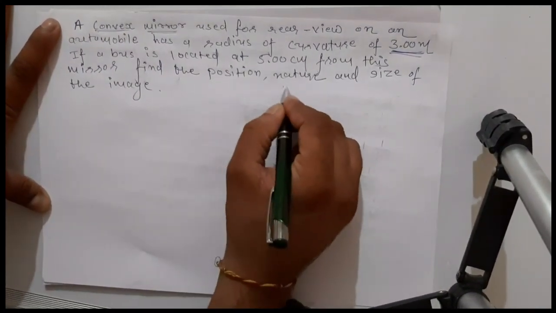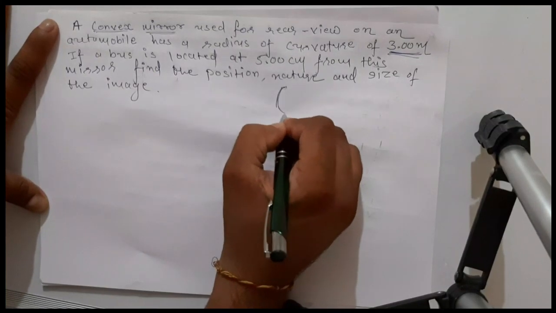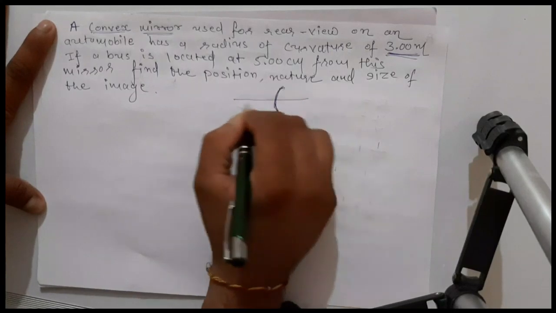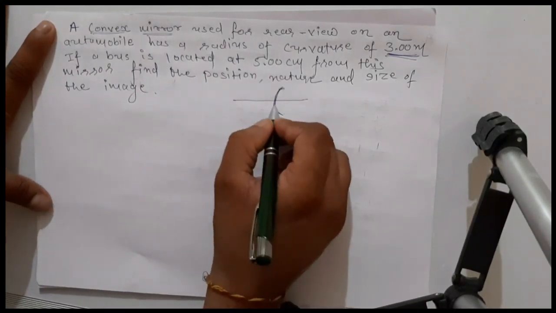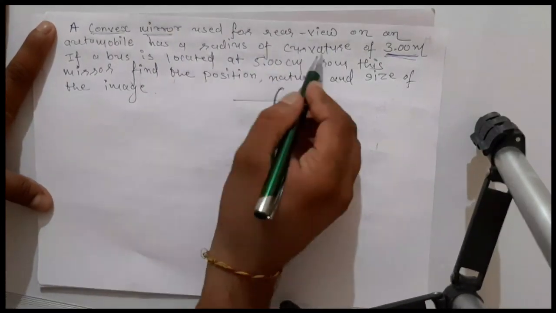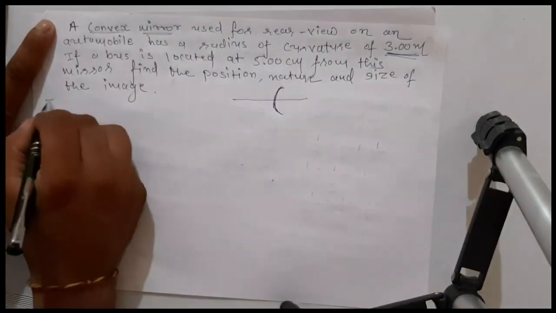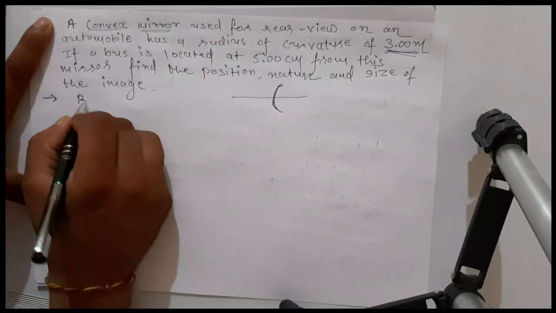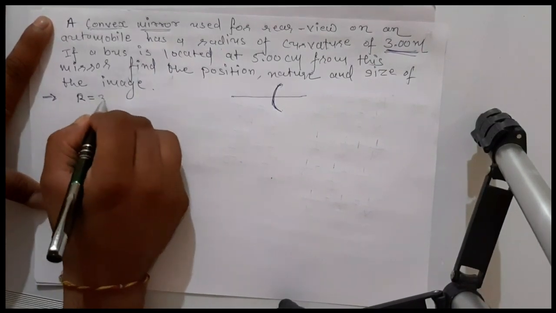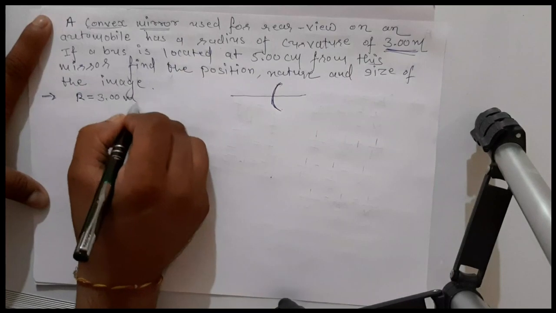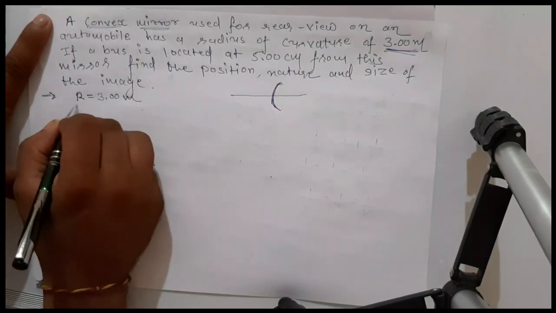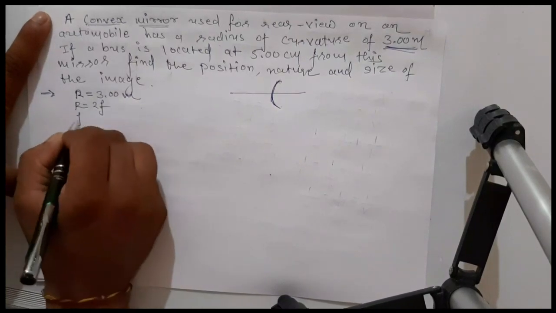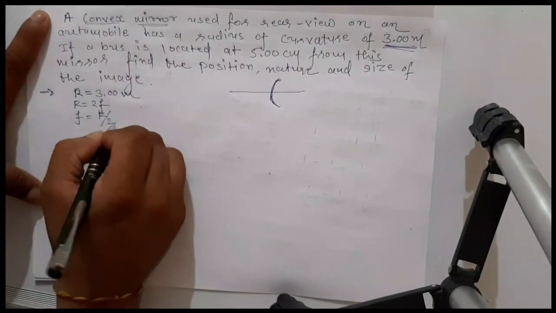We can assume the radius of curvature is 3 meter. From that we can get the focal length, because r is equal to twice f, so f is equal to r by 2.